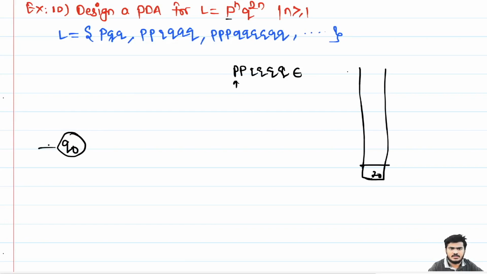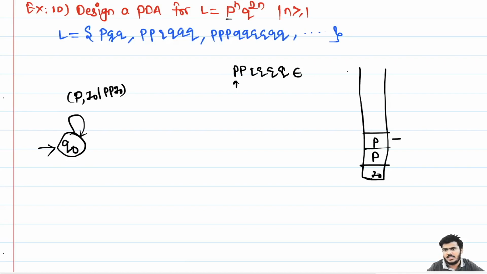This is the initial state. The first input is p, and for p I have to push. Whenever p comes, I have to push into the stack, and for a single p I have to push two p's. So when the input is p and the top of the stack is Z0, I push two p's: this is the first p, this is the second p, and Z0 stays as it is.